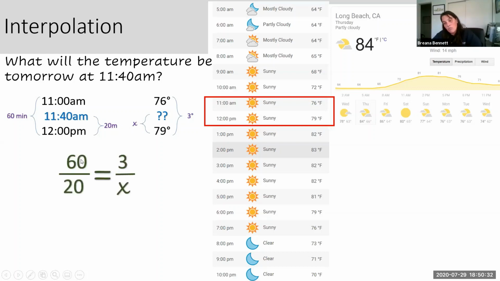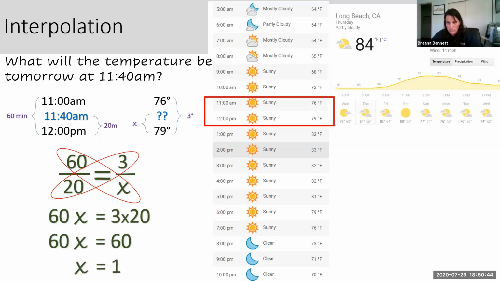If I put these in a ratio, you can do 60 to 20 is equal to 3 over X. Quick little equation. I did it quickly with my calculator. Then we get X is equal to 1. So if we were to apply 1 here, that would be subtracting, and we would get a temperature of 78 degrees.